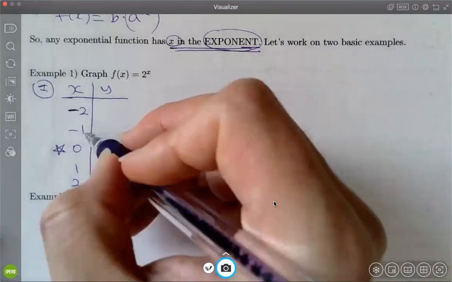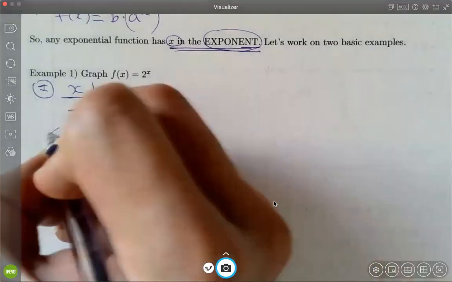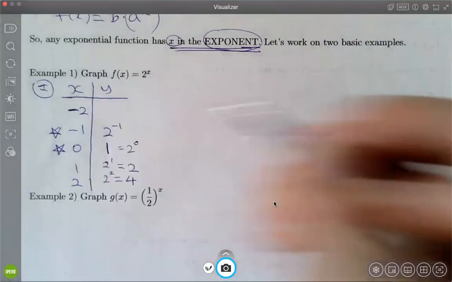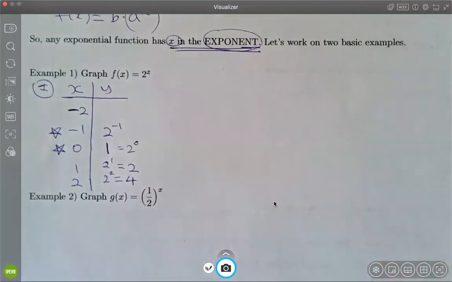And now, here is another tricky part. When x is -1, y is 2 to the power -1, right? Okay, that's obvious. But where is 2 to the power -1? -2? which seems to be the case, right? What is 2 to the power negative 1?